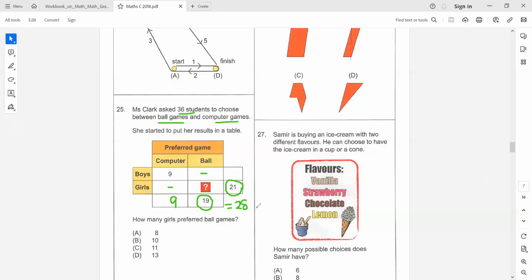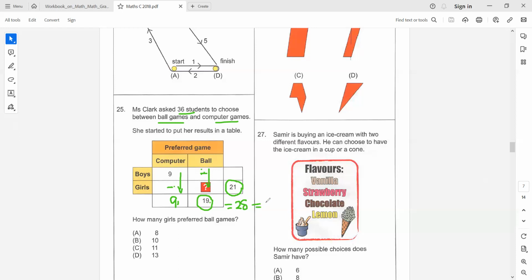Then if you take the balance, this one and this one, how much do you think? You put it this way, sorry. This one is 19, this total, this direction, and this direction is 9, right? 9 plus 19 is 28.